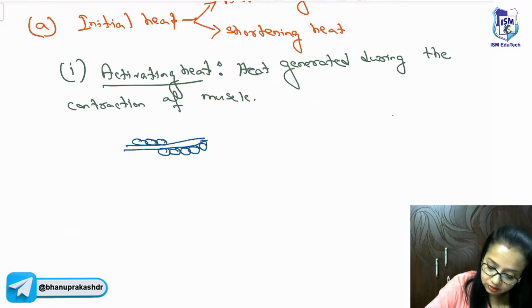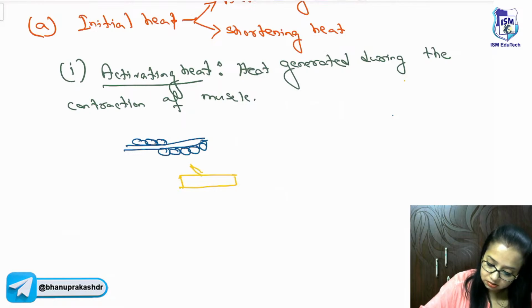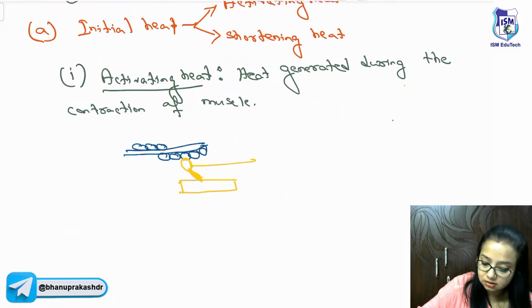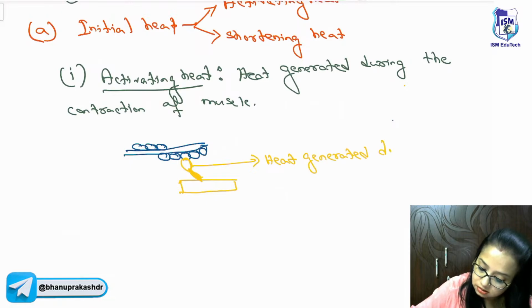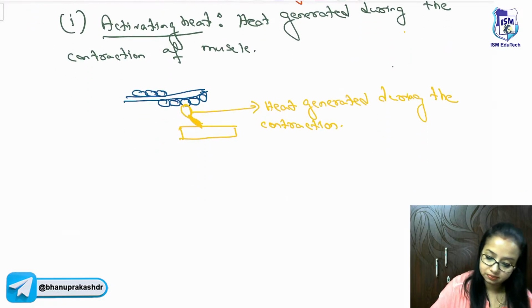So when this myosin head is bound to this actin, and there is a power stroke, the heat generated during the contraction. This is our activating heat.